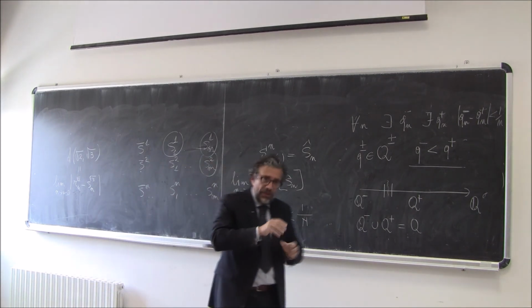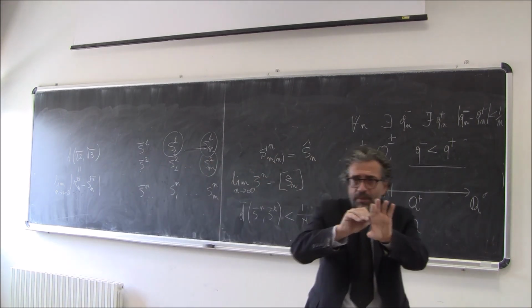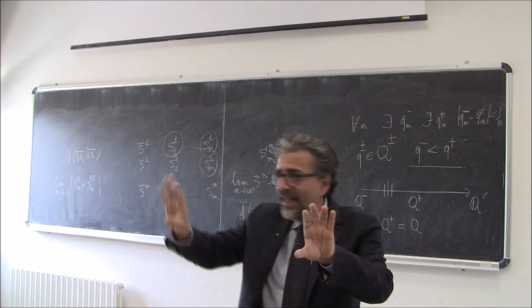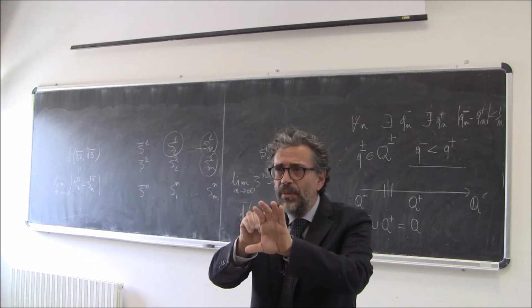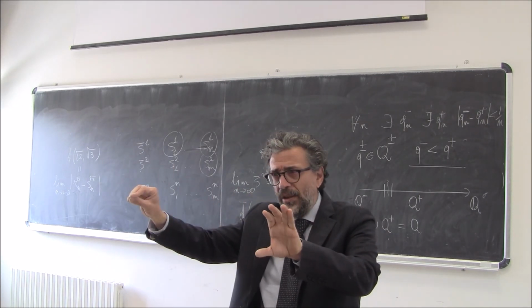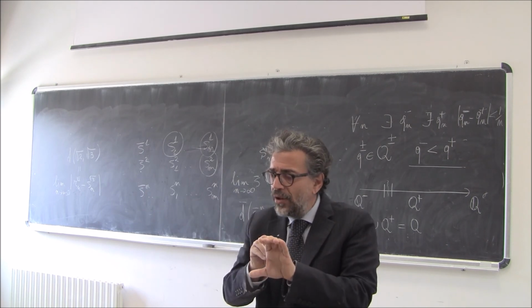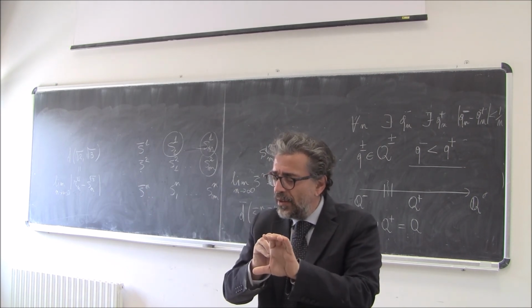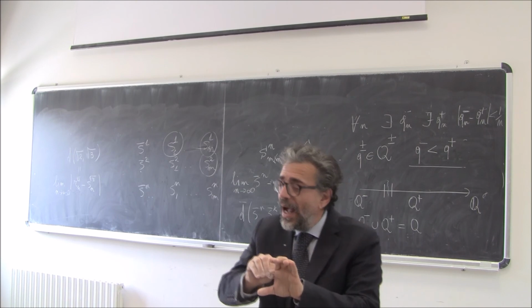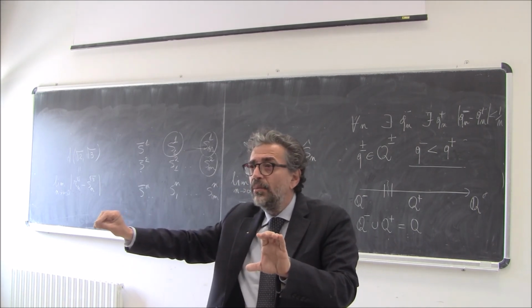So, the first real number is approximated by rational numbers. I take one approximating number, a rational one. The second real number of the sequence is approximated by another sequence of rational numbers.